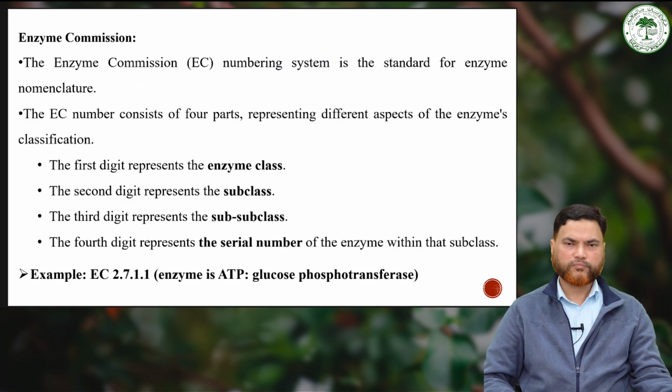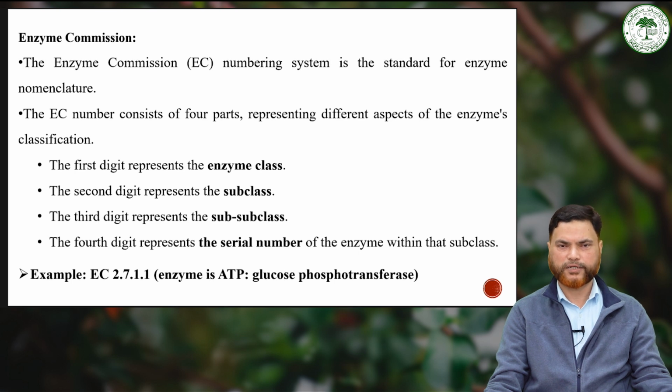Now, with the exception of a few enzymes like pepsin, renin and trypsin, most enzyme names end with the suffix ase, which is added to the substrate name, describing the type of enzyme's activity.